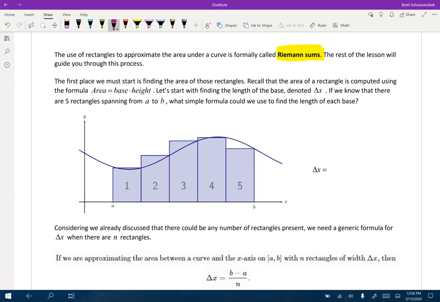But this is not the type of lesson where I can just say, here, see, now do. You need to understand where the formulas come from, or this is not going to mean anything to you. So it's going to be several pages of just breaking down where this all comes from before we can even get to examples.